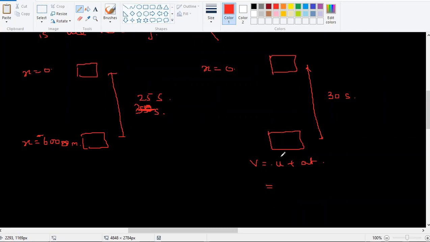What was the speed? Plus 10 meters per second. a is minus 20. Time taken is 30 seconds. So after 30 seconds, what will be the velocity? 10 minus 600. So it will be minus 590.